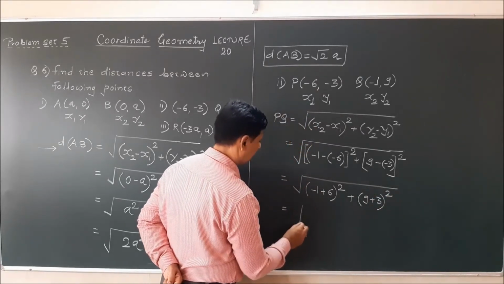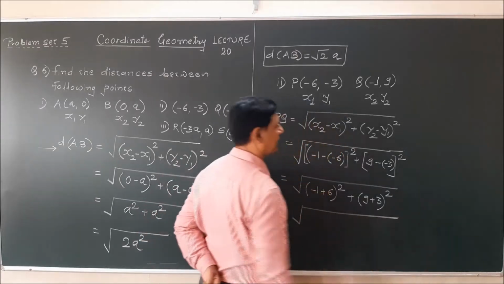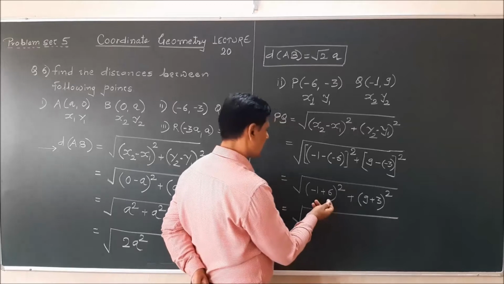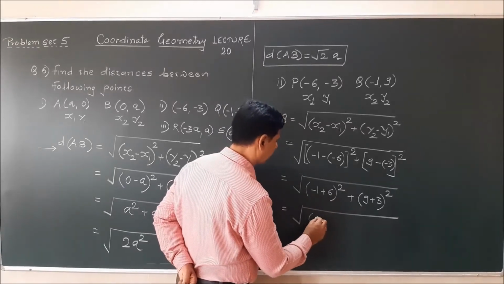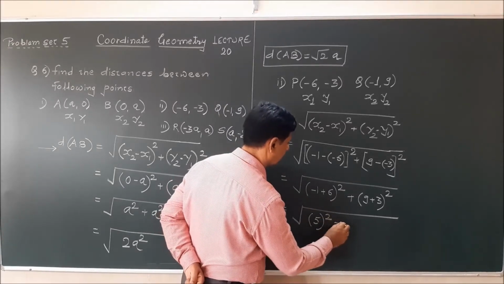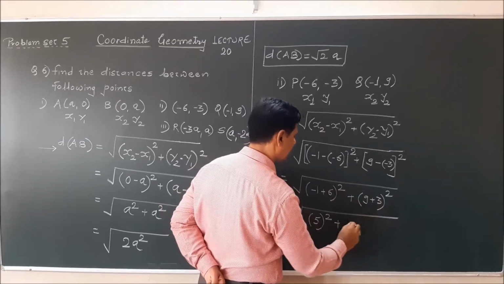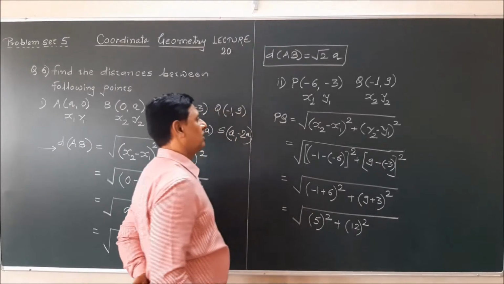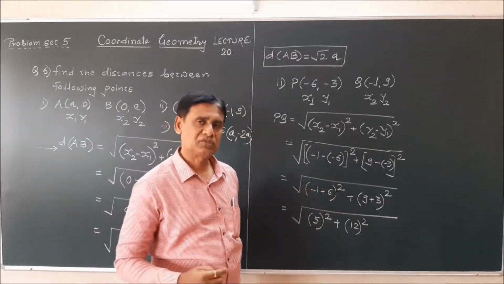That will give us square root of, now it's very simple calculation. 6 minus 1 is 5, the whole square. 9 plus 3 is 12, whole square. So 5 square plus 12 square.